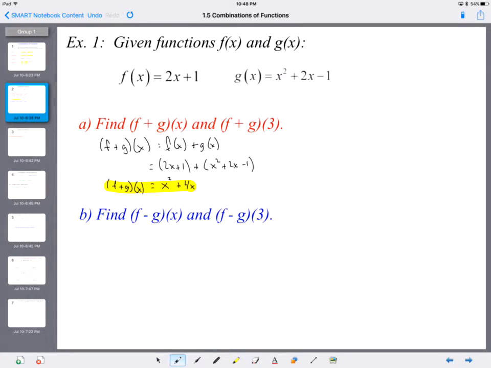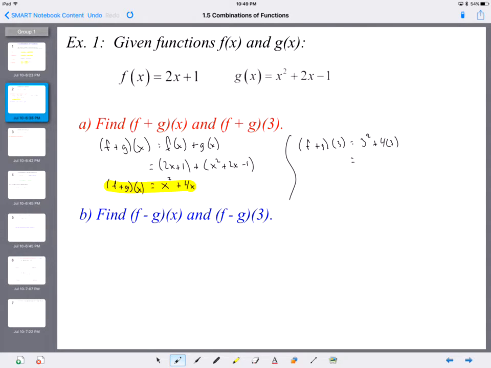And now the second part of this is to find f plus g of 3. Well, now that we have f plus g of x, we can just plug 3 into the function. So f plus g of 3 is equal to 3 squared plus 4 times 3.